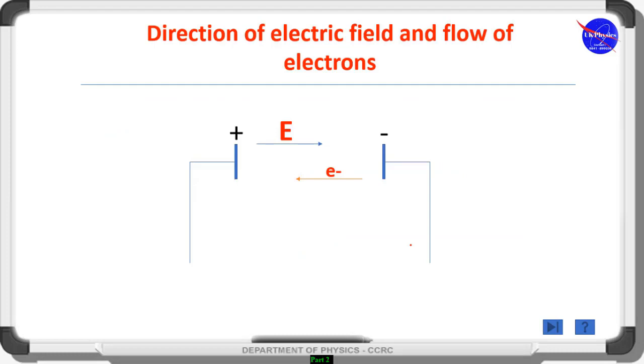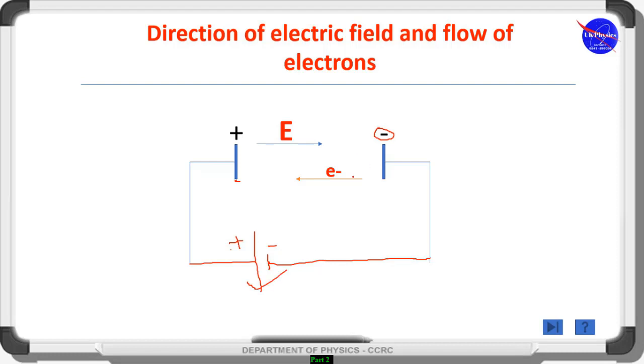Now we have some fundamental concepts here. Suppose this is a battery, this is the positive terminal, this is the negative terminal, and this is the positive plate because it is connected with the positive terminal of the battery, and this is the negative plate which is connected with the negative terminal of the battery.